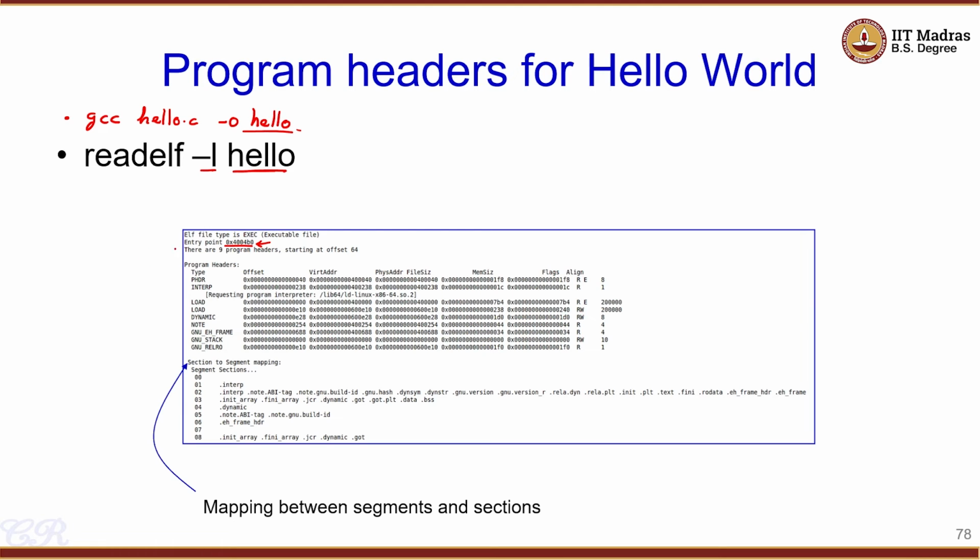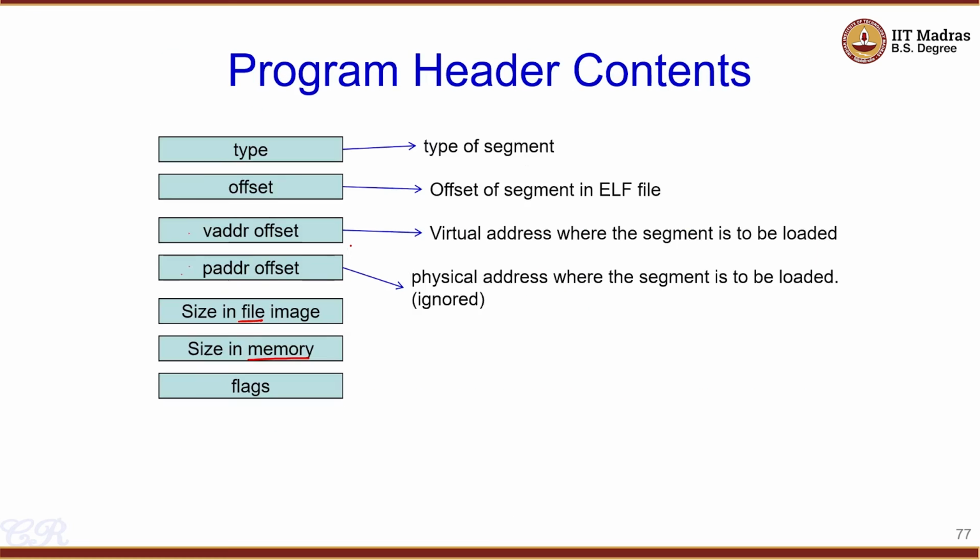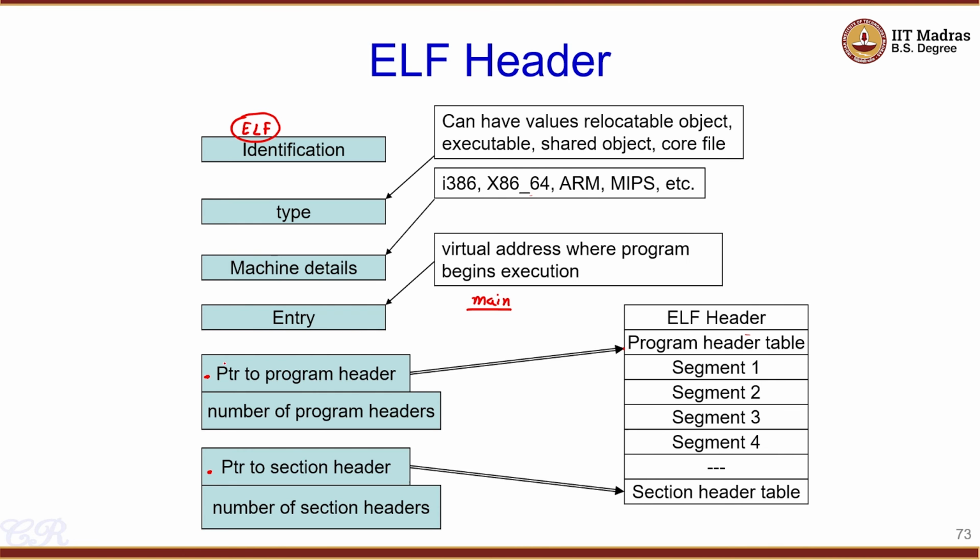In our program header, there are 9 such program headers starting at an offset of 64, right? How do you see that it is 64? This is obtained from the ELF header. If I go back here, recollect this, we have a pointer to program header and the number of program headers.